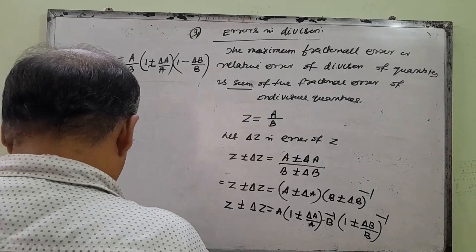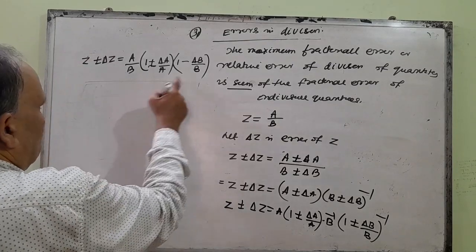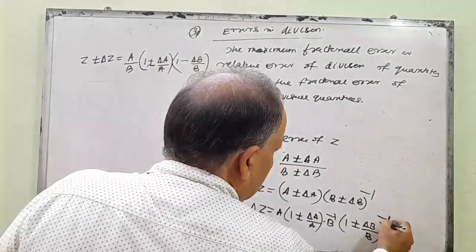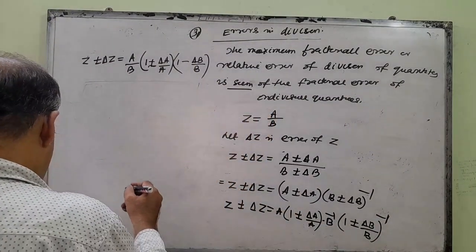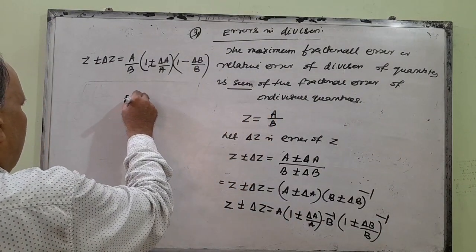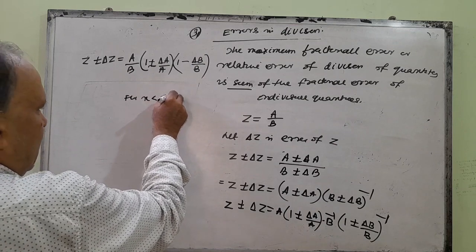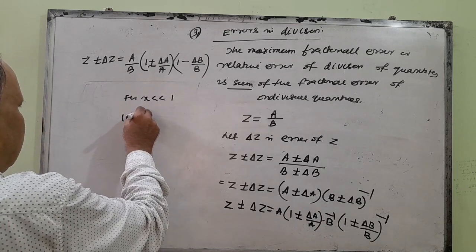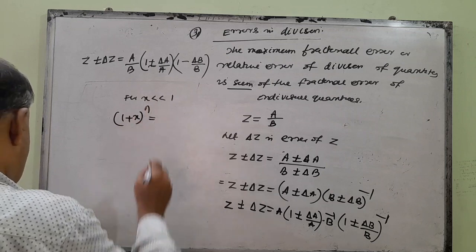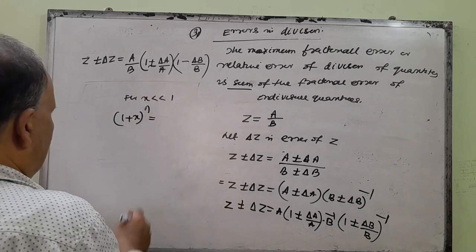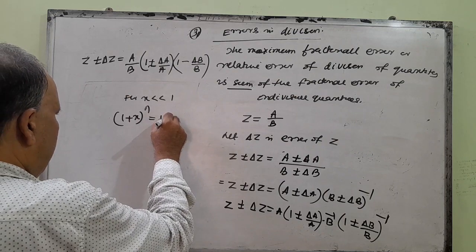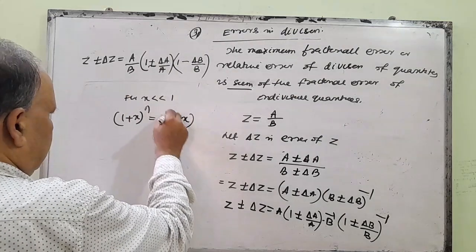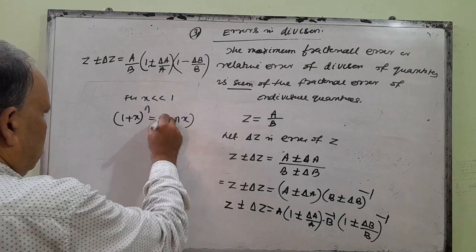You see what is the formula? Here the power is minus 1. You know, for x very very less than 1, 1 plus x to the power n is equal to 1 plus nx. You remember this formula.